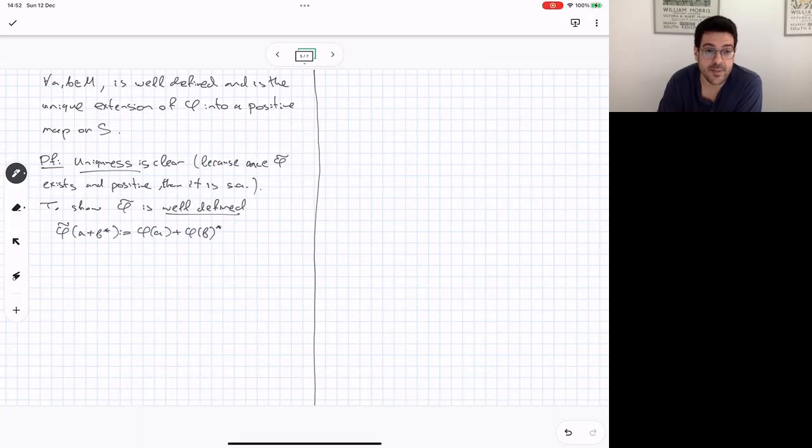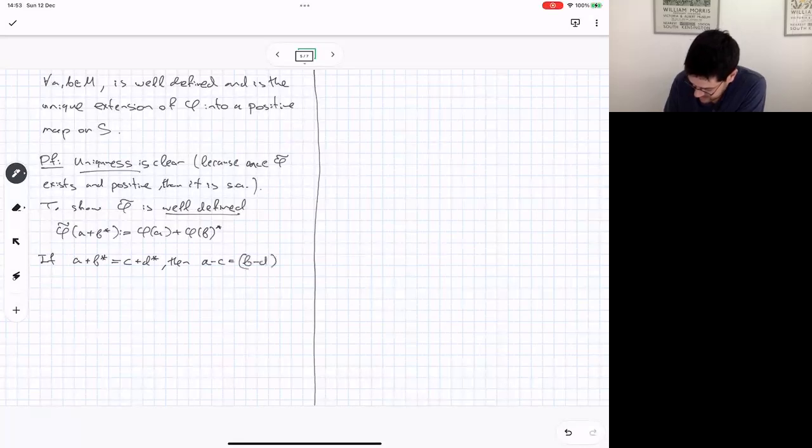But what happens if A plus B star is equal to C plus D star? Right, so if A plus B star is equal to C plus D star, then A minus C is equal to (B minus D) star, right?